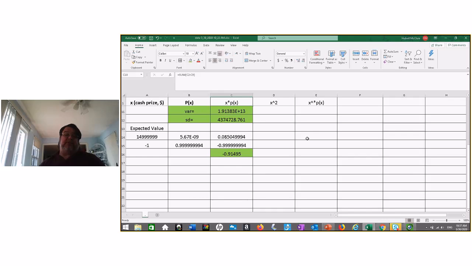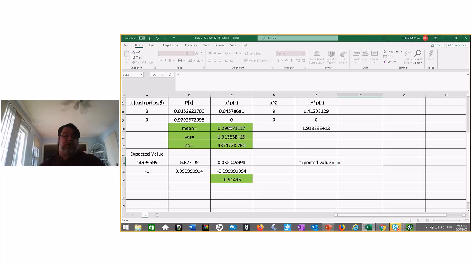This question is kind of confusing. Okay, they're taking the complement of the mean. So they're teaching one thing in one class, in one book, and teaching another thing in another. Expected value is equal to this number, 1 minus the mean.